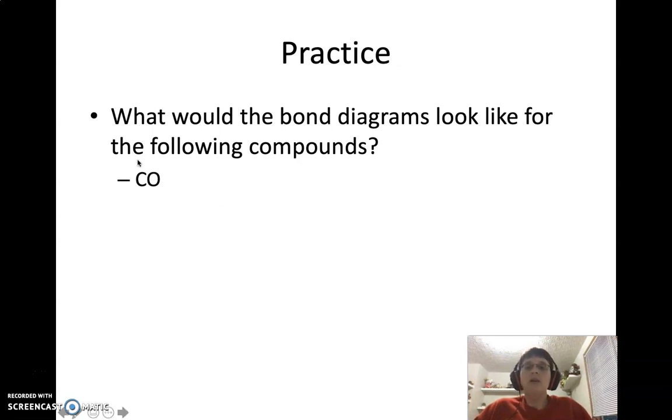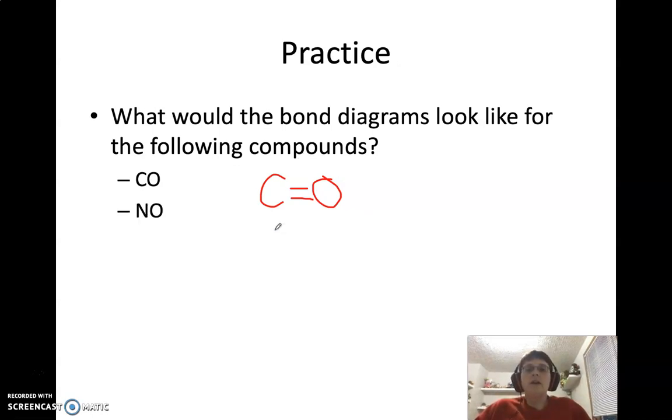We just saw carbon can make 4, oxygen can make 2. So that is going to get us carbon and oxygen with 2 lines in between. I know you might be thinking, but carbon can make 4 bonds, and yes, it can. You can make carbon monoxide. It's not a super stable compound, but it is one that can be formed.